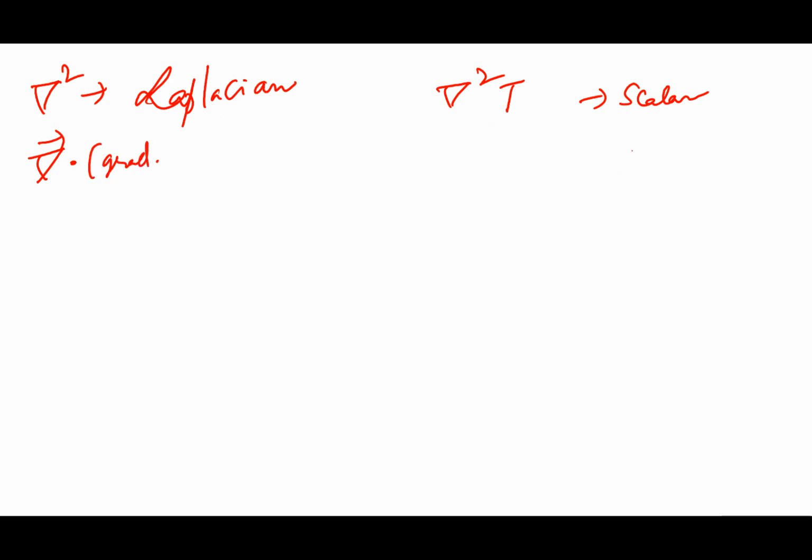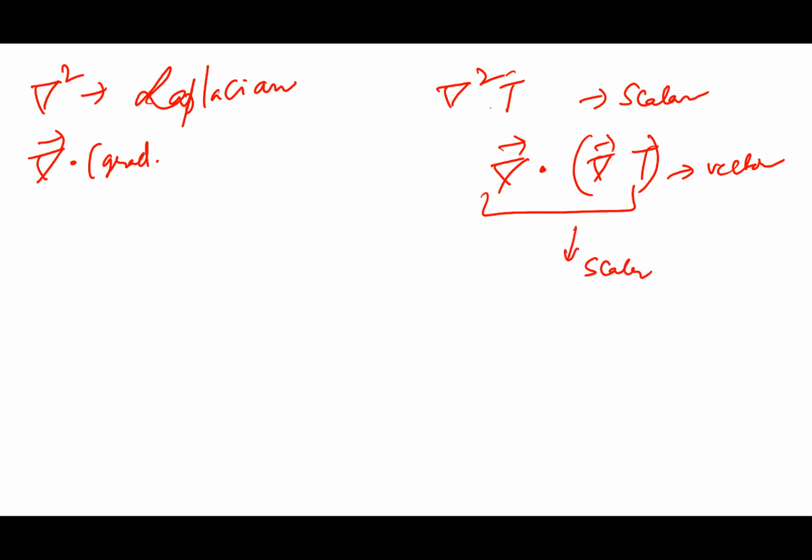If I have a scalar field T, first I do the gradient, this produces a vector. Then I'm doing the divergence of this gradient. This is a dot product, so this is again a scalar. So we started with T, which is a scalar field, and the Laplacian, that is the divergence of the gradient, of a scalar field gives me a scalar.